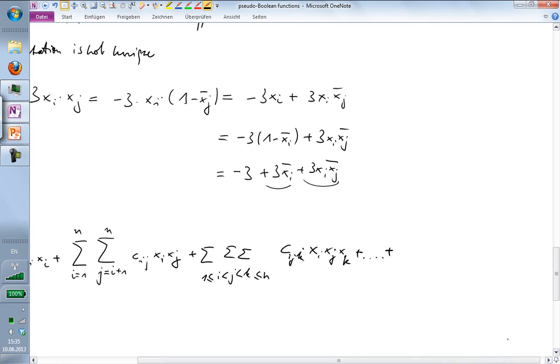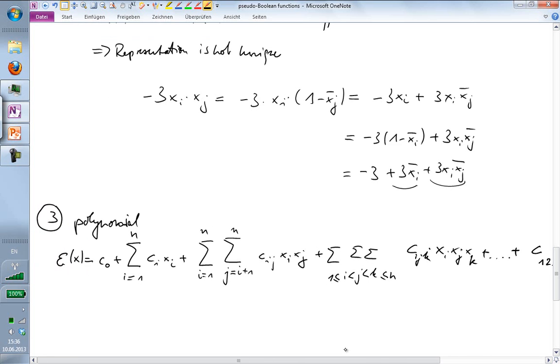And then the highest order term, I don't need to sum, there's just a single one of these. So this would be the term that encompasses all random variables. There we go.